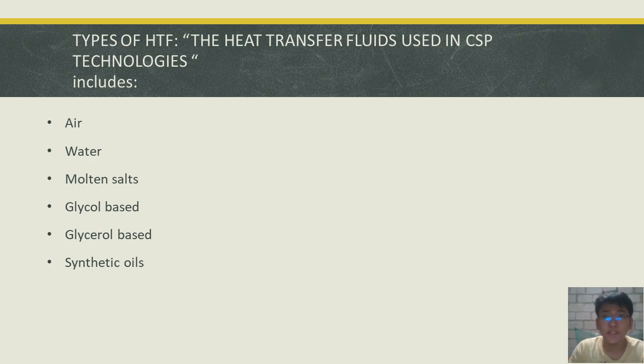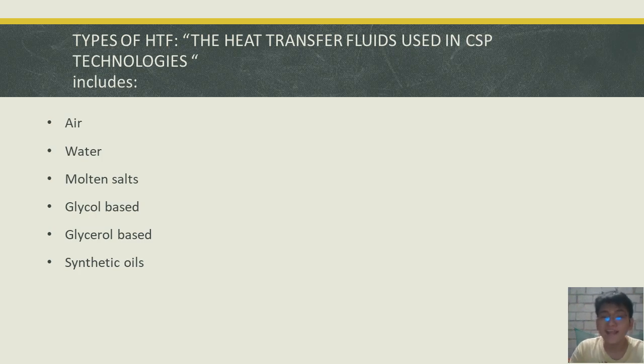Because in the meticulous design of CSP systems, the deliberate exclusion of common substances like water and air as HTF is not arbitrary but rather rooted in the exigencies of the solar energy capture process. Water, characterized by a relatively lower heat capacity, and air, susceptible to undesired phase changes at high temperature, fall short when subjected to rigorous CSP operation.